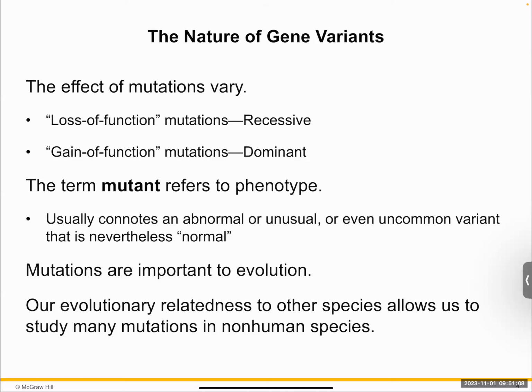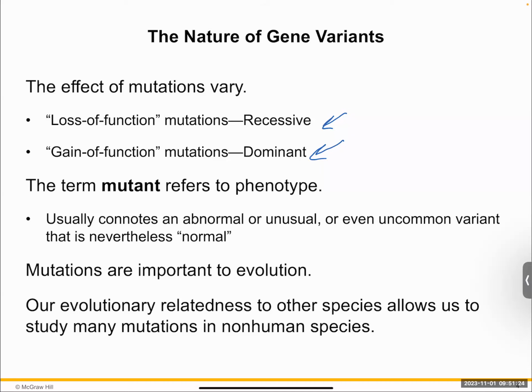When we're talking about mutation, we can hear the words recessive versus dominant. Recessive is basically any type of mutation that's going to cause us to lose function, whereas dominant allows us to gain a function.